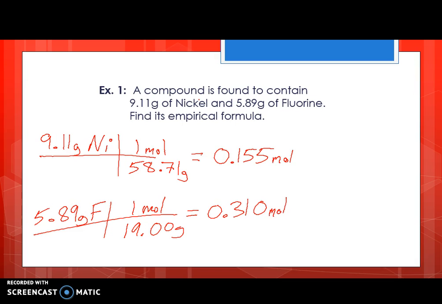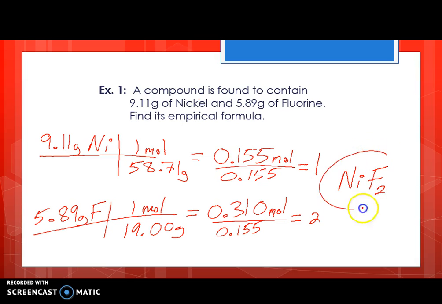Step 2, divide by the smallest number. 0.155 divided by 0.155 is 1, and 0.310 divided by 0.155 is, in this case, 2. So this is my mole ratio. For every 1 nickel, I have 2 fluorines.